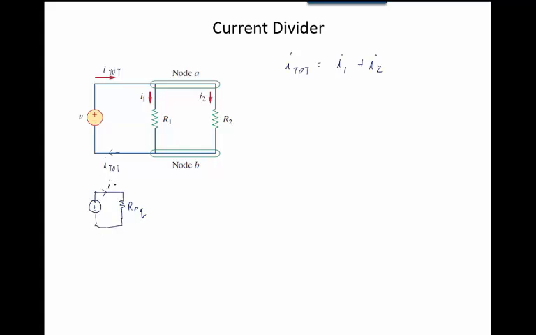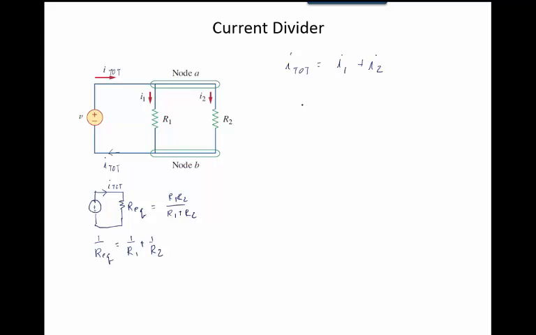This is still I total, because I total goes into some equivalent resistance right here, right? So our R equivalent is R1 R2 over R1 plus R2, which came from 1 over R equivalent is 1 over R1 plus 1 over R2. We re-derived that last time. That was for parallel circuits.